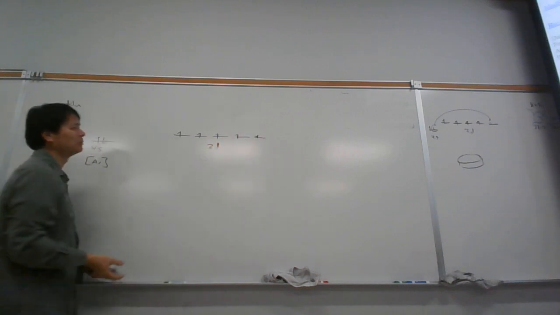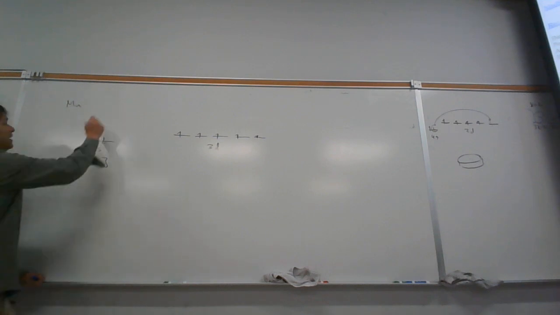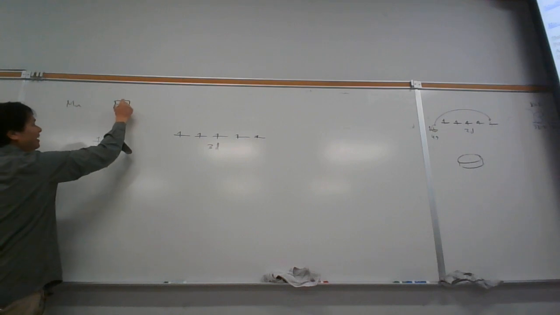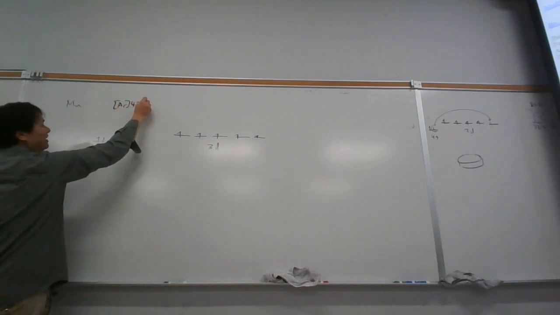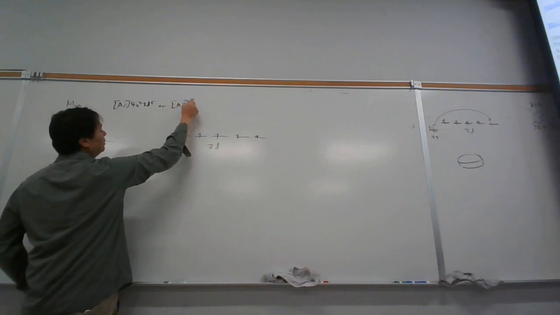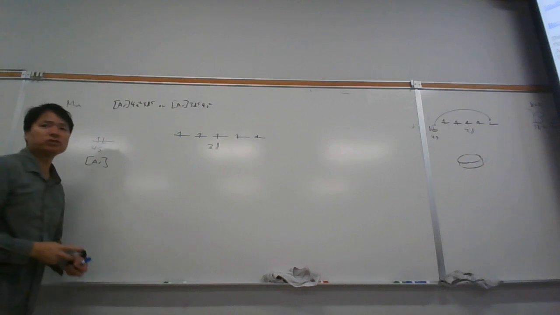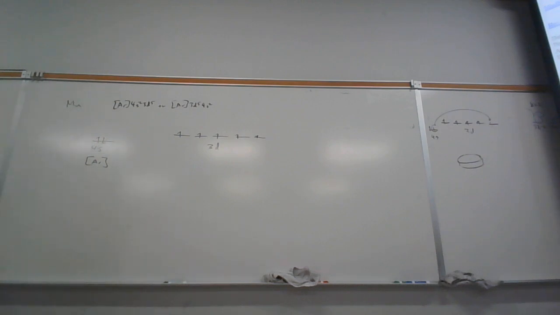So we don't have to promote any electron here. It's already half filled, so we're good. And so manganese is going to be argon 4s2 3d5, or argon 3d5 4s2.